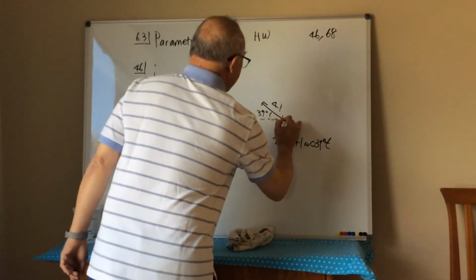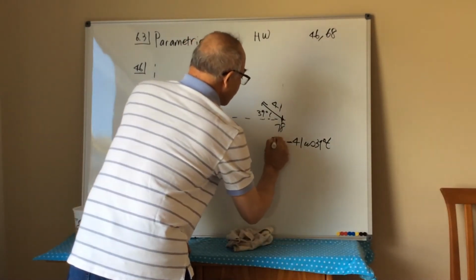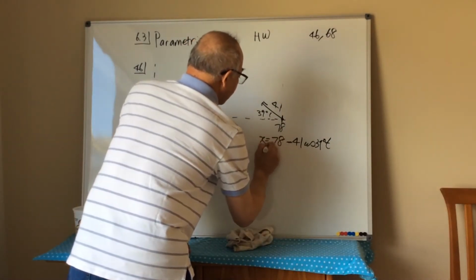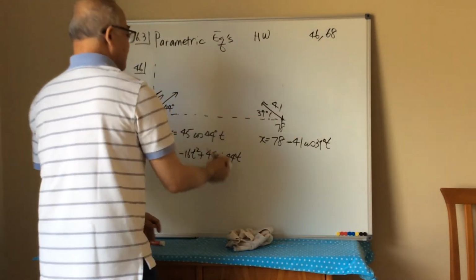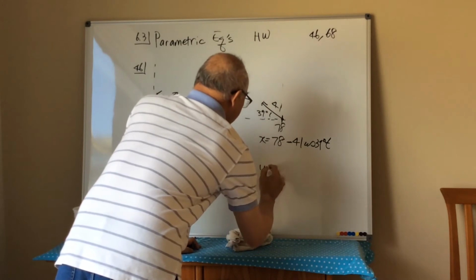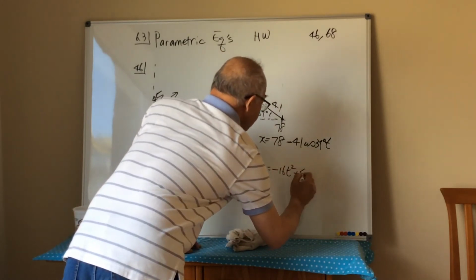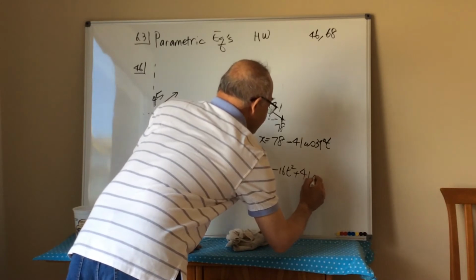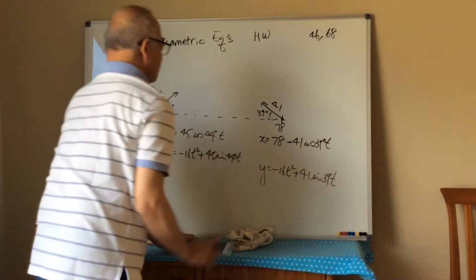So x is equal to 78 minus 41 cosine 39 degrees t, because we're going this way in the x. Y is negative 16t squared plus 41 sine 39 degrees t, and there's no plus 5 over here.